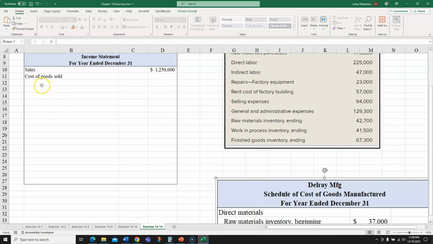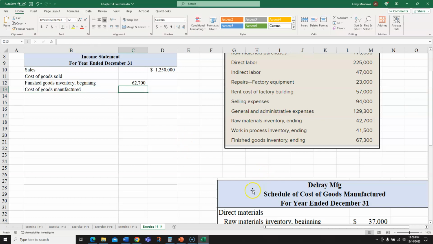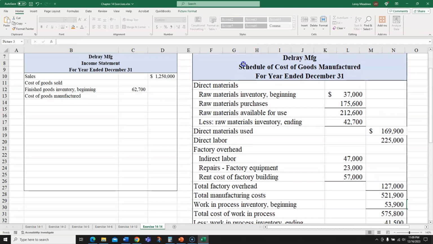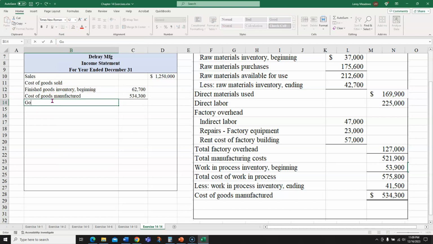So let's go ahead: cost of goods sold, finished goods inventory, beginning 62,700, plus my cost of goods manufactured, which was how much? $534,300. That will give me my goods available for sale.